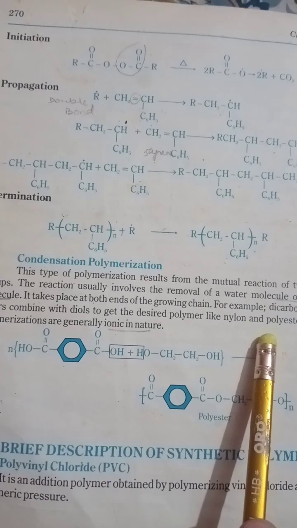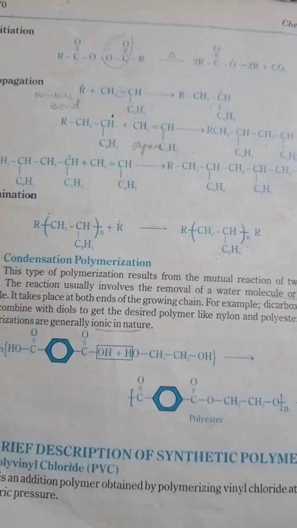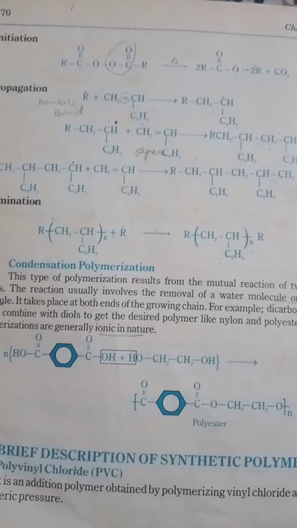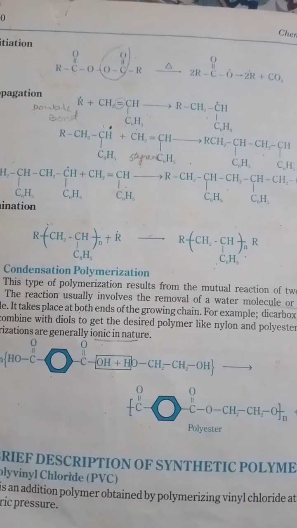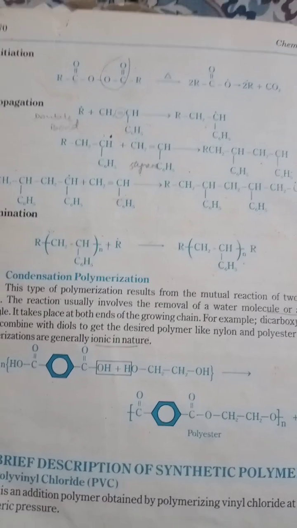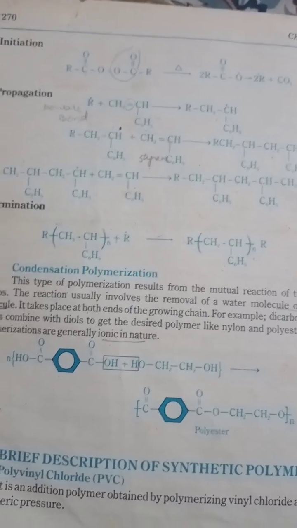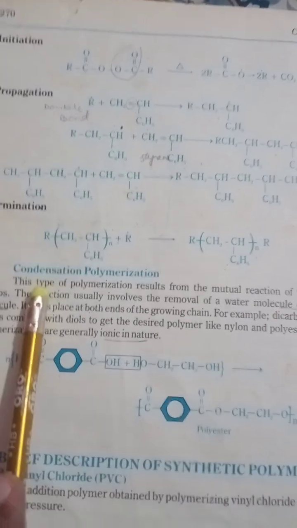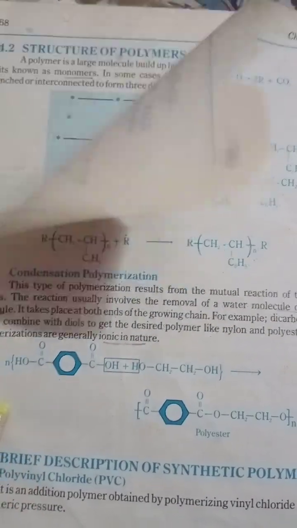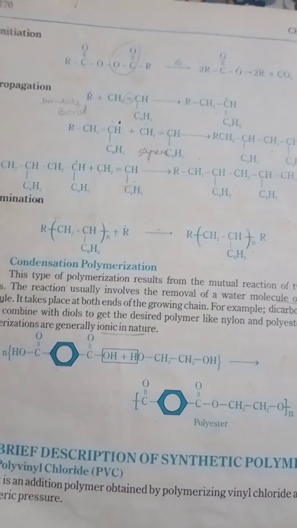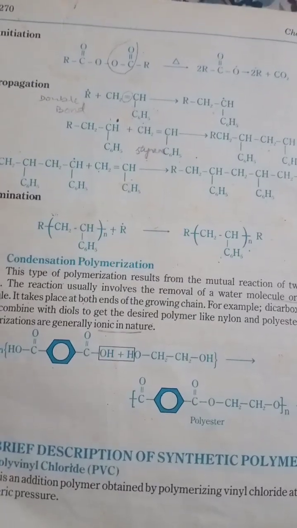In this reaction, nylon and polyester fiber are produced, usually used in clothes as well as in making water tanks. These polyesters formed by condensation polymerization are used in clothing and water tanks.